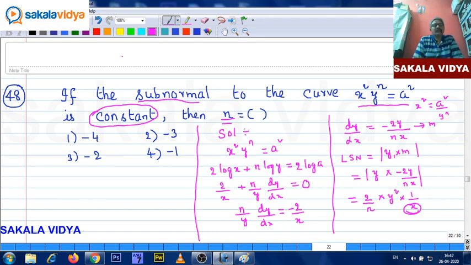So, x is equal to root of a square, which is a, upon y to the power of n by 2. Let us substitute here now: 2 by n, which is constant, into y square into 1 by this x value, that means y to the power of n by 2 comes up, by a.